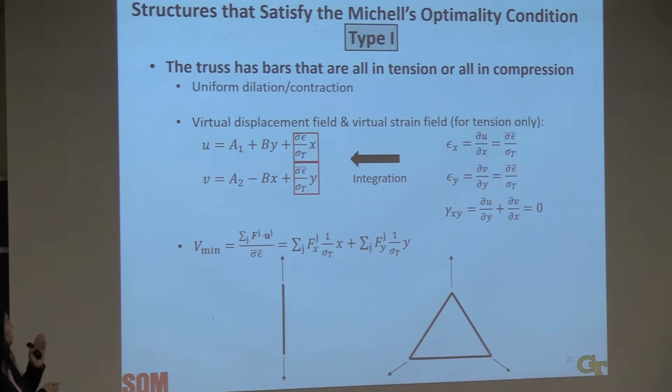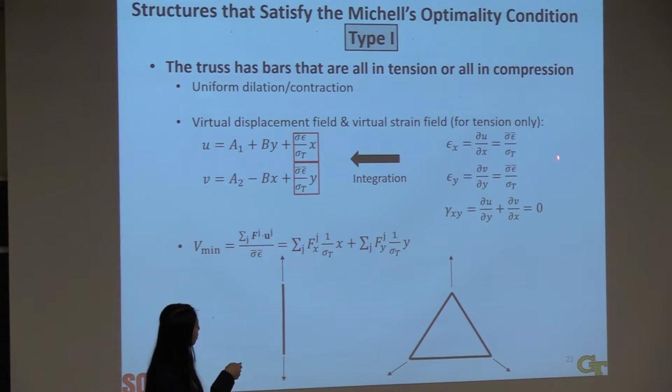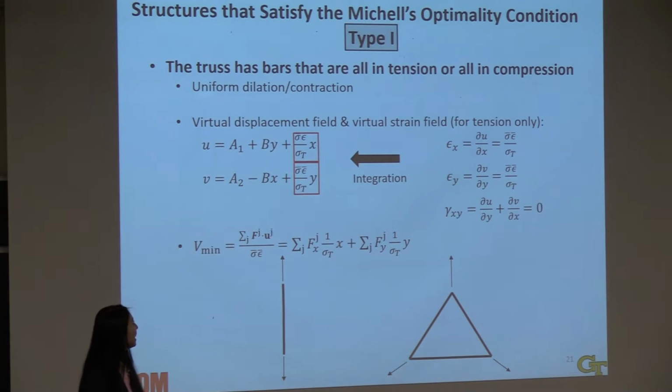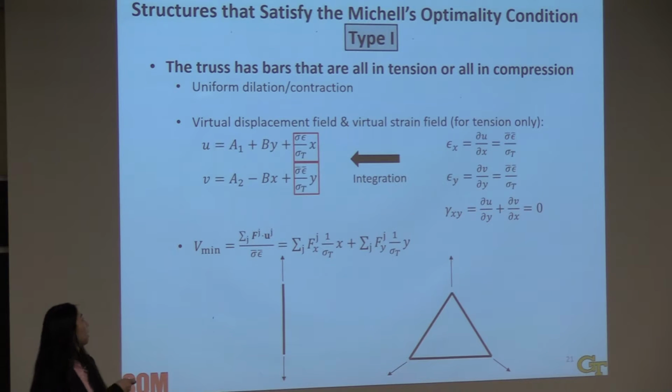And so the virtual displacement field here I listed only for the tension-only case, where you have your virtual strain field in the principal direction, and in the principal direction have these two strain limits. And then by doing some integration or solving the PDE, you can obtain the virtual displacement for that virtual strain field.